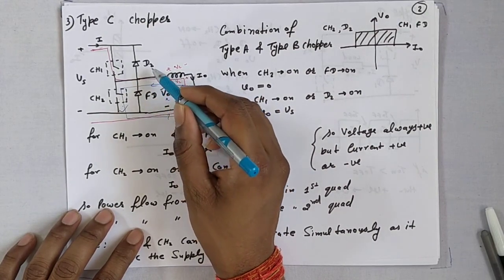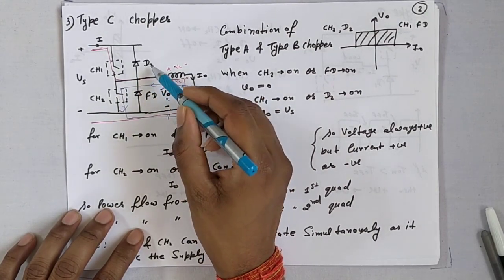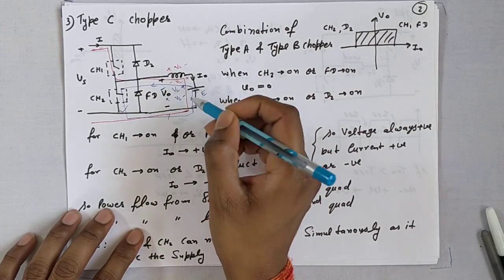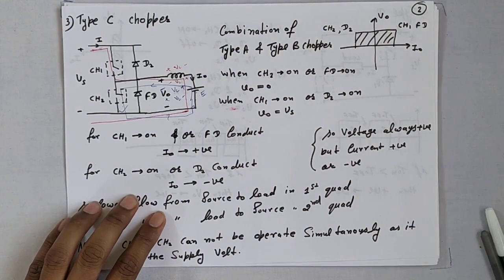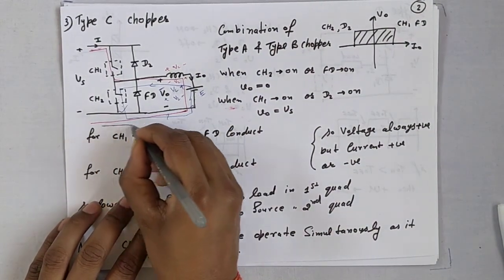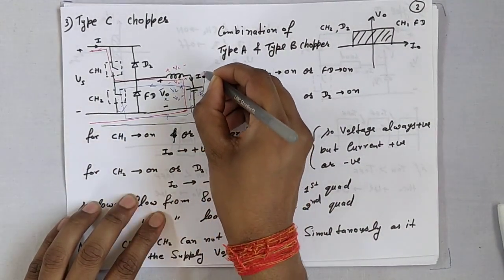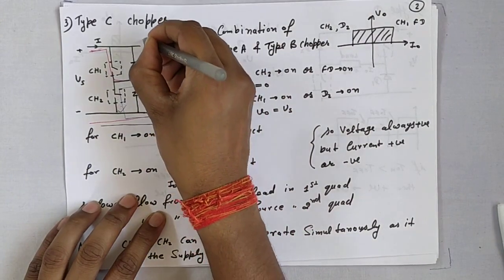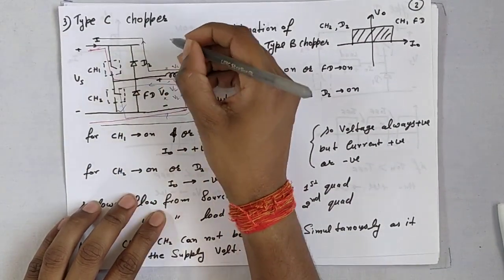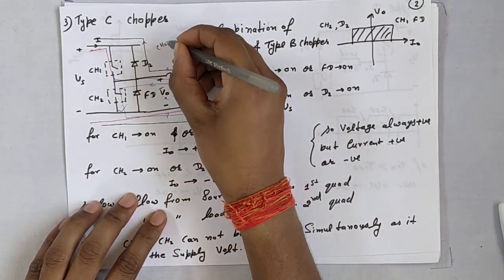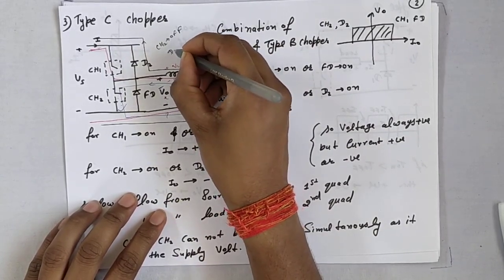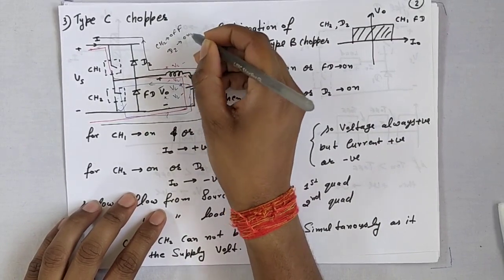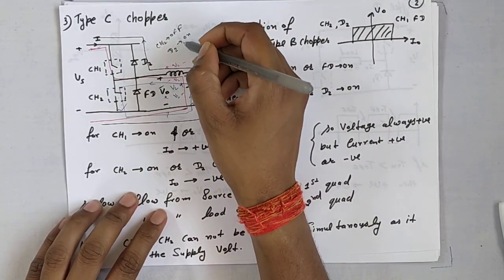D2 current flows like this and this. CH2 is off and D2 is on.